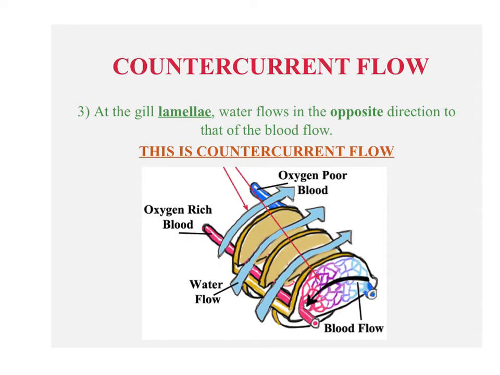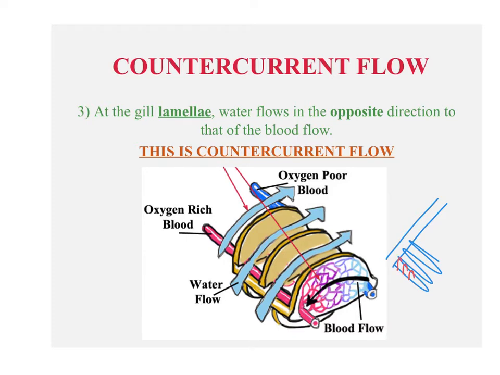At the gill lamellae, and this is really, really key, water flows in opposite directions to the blood flow. So we've said that we've got the gills in plates, we've got the filaments, and then we've got, and this is going to be a horrible diagram again, I'll draw the lamellae in a different colour. We've got the lamellae that sort of stick up at right angles.